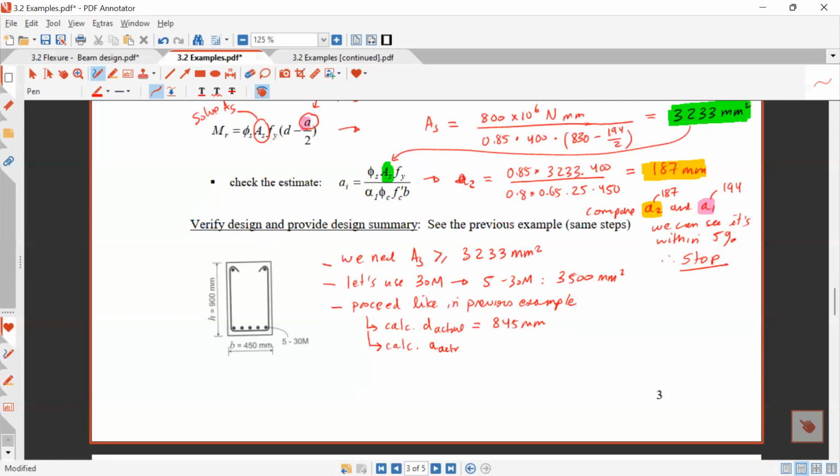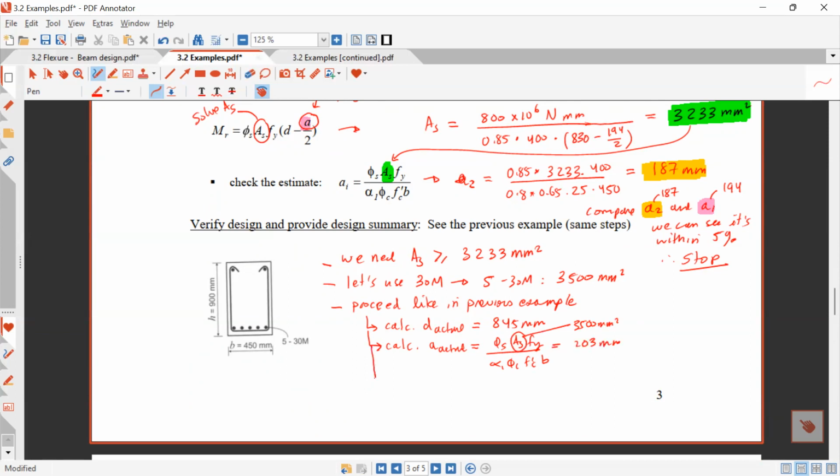Then you would calculate a actual, like in the previous example, using phi S, AS, FY, over alpha 1, phi C, F prime C, B, right? And here we would put in this 3,500 millimeters squared, and we would find 203 millimeter.